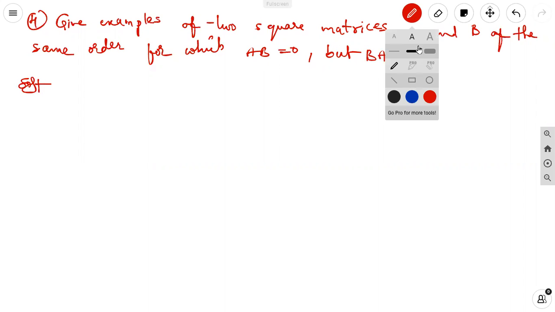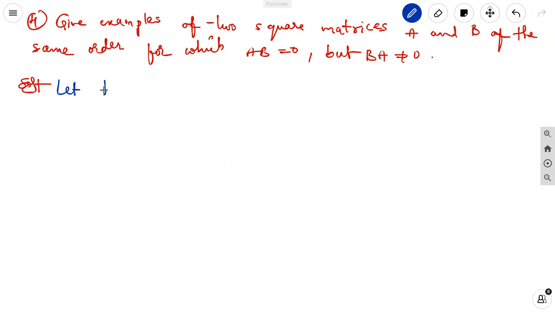Here we can take two square matrices of the same order such that the product AB is equal to 0, but if the order is changed, BA should not equal 0. We can take the square matrices.